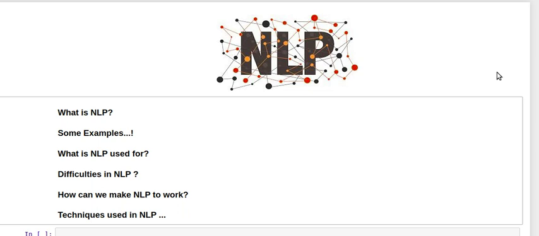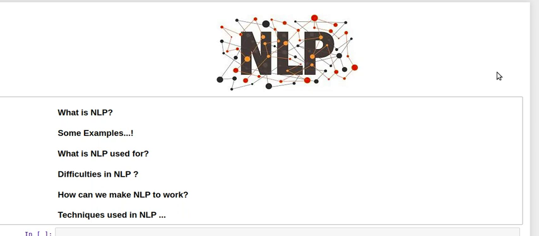Natural language processing, usually shortened as NLP, is a branch of artificial intelligence that deals with the interaction between computers and humans using the natural language. The ultimate objective of this NLP is to read, decipher. What do you mean by decipher?